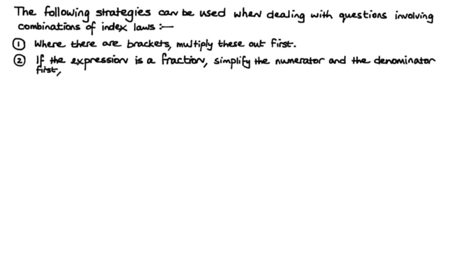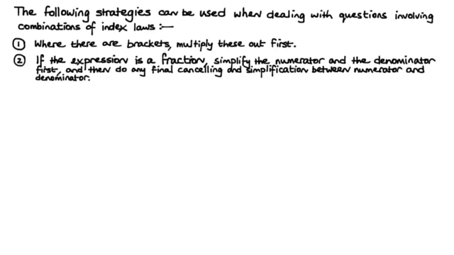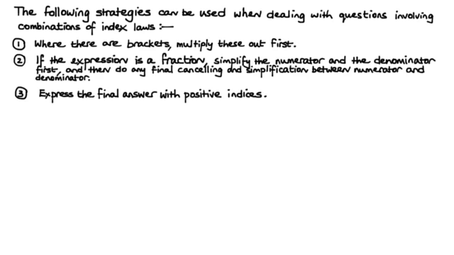Secondly, if the expression is a fraction, okay, it's got a numerator and a denominator, I always simplify the numerator and the denominator as much as I can first, and then I do my final cancelling and simplification between the numerator and the denominator after I've simplified each of them individually as much as I possibly can, alright? And the third thing is that usually we express the final answer with positive indices, okay?